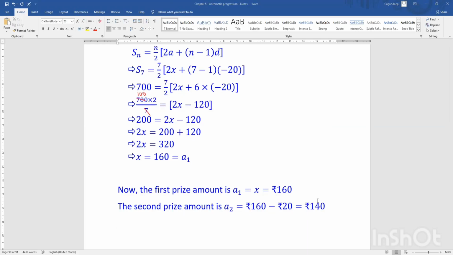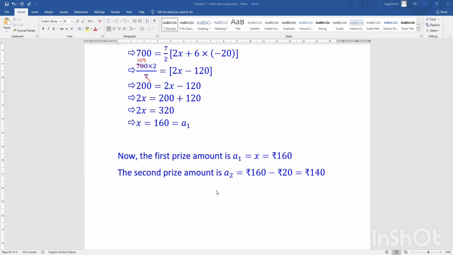And then the third prize is 140 minus 20, which is 120.